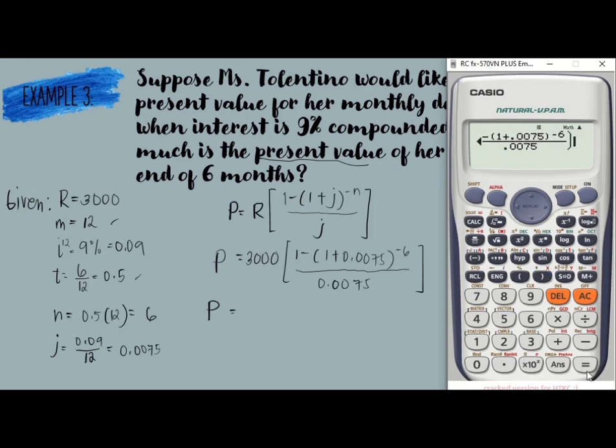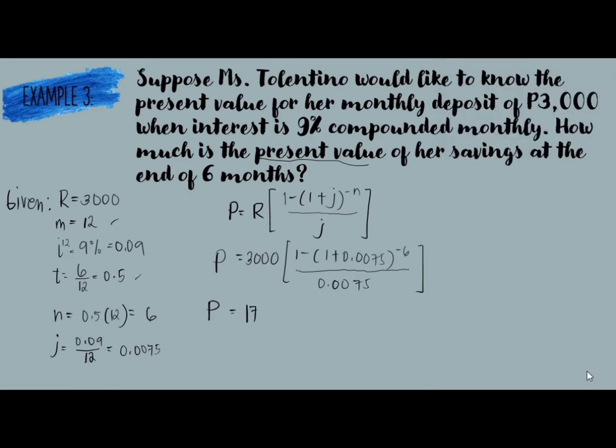Then equal. So we have 17,536.79. So yung present value is 17,536.79 pesos. So ito yung present value niya after 6 months.